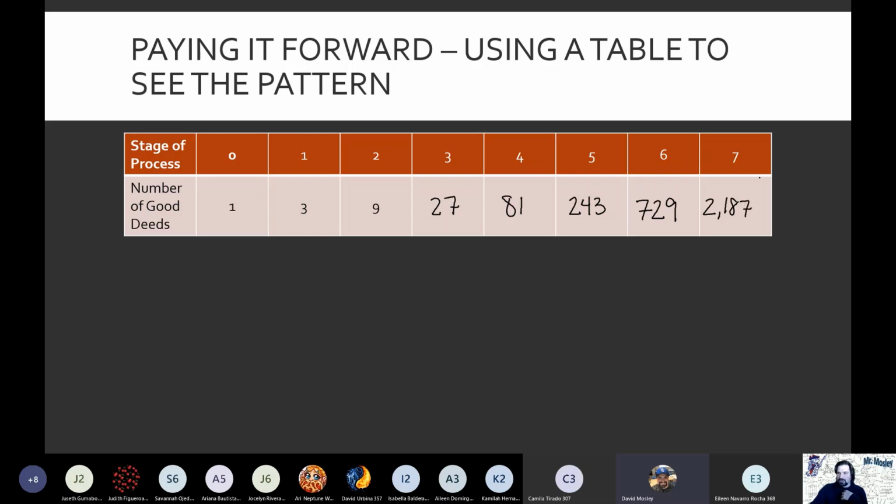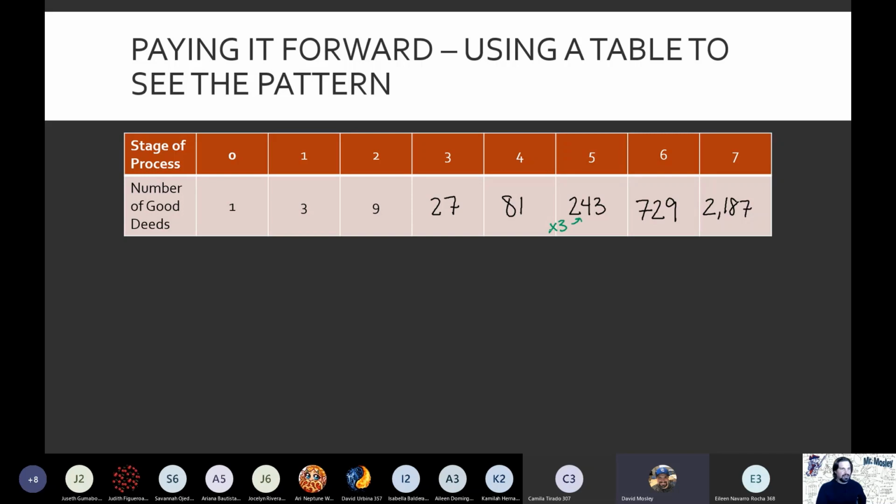So, Ariana, because you had the last few answers, it looks like you found the pattern. What were you doing to get from the number we knew to the next number? Yeah, multiplying by 3, right? So Ariana took 81 times 3.